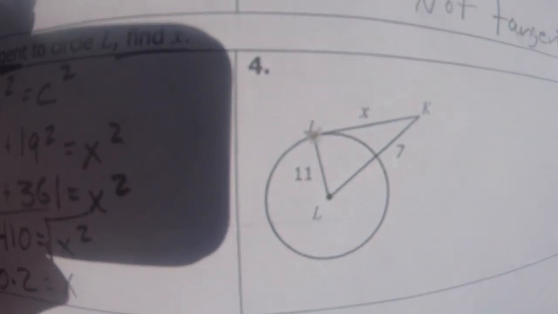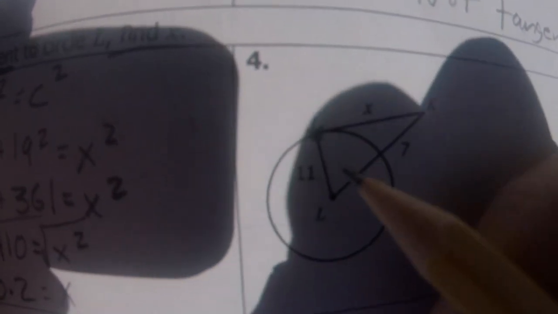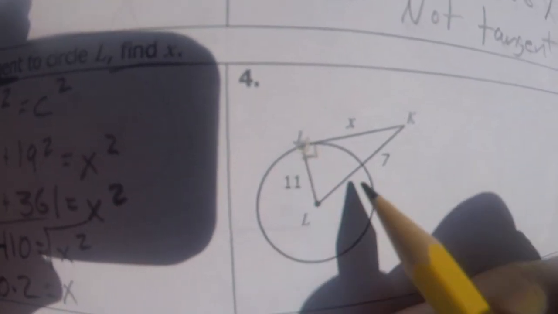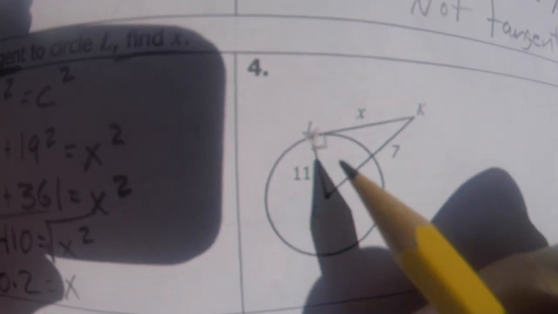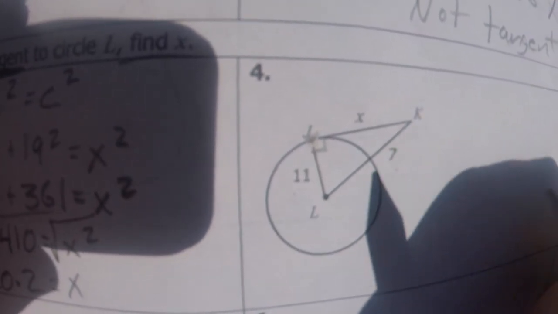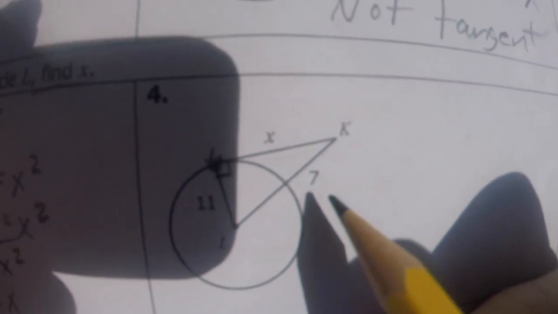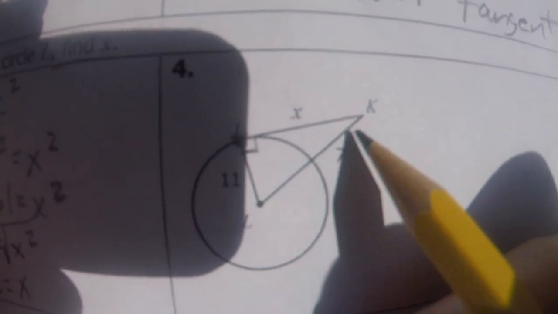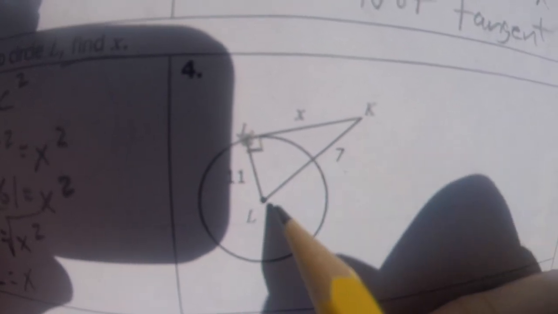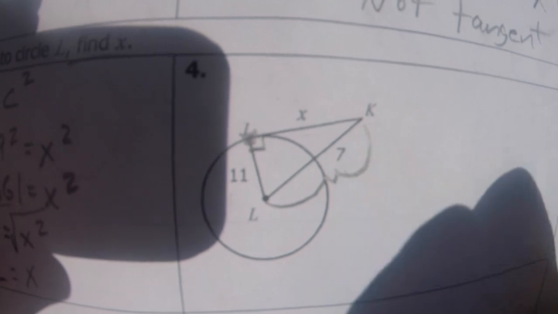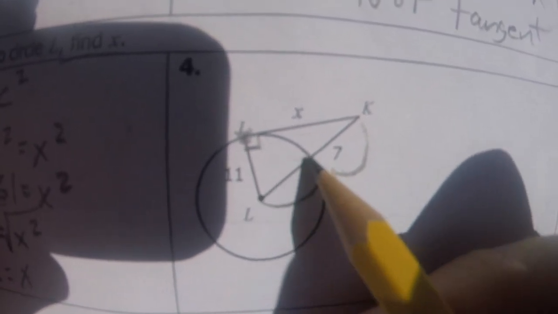So J would be the point of tangency, which means at J there should be a right angle, which means this is a right triangle, so in order to solve for X, I need to use the Pythagorean theorem. However, this 7 is talking about just the outside here. I need to know how long LK is, the entire thing. So how long is this piece in here?